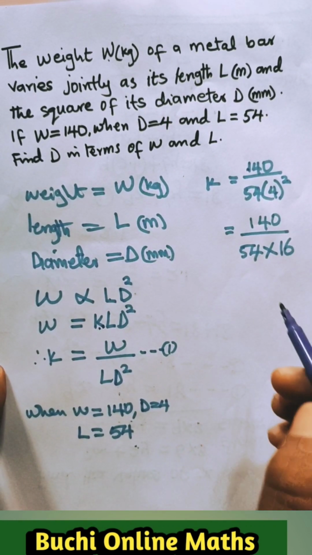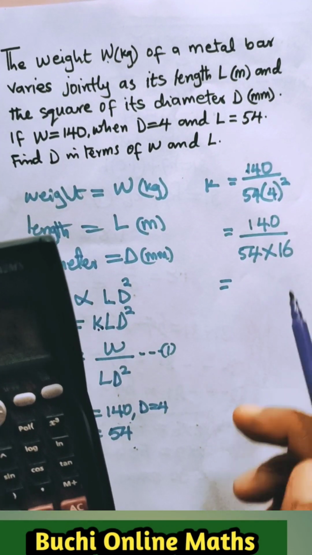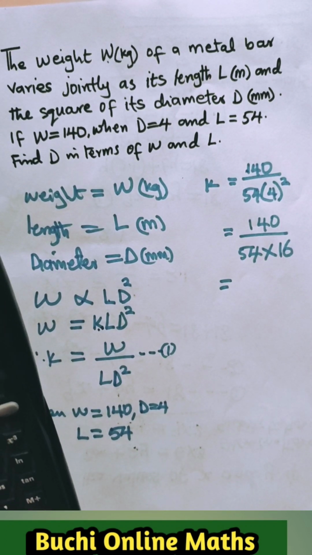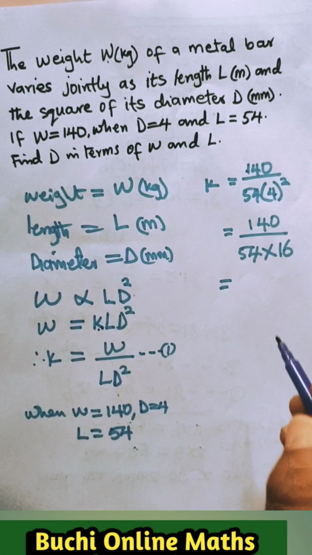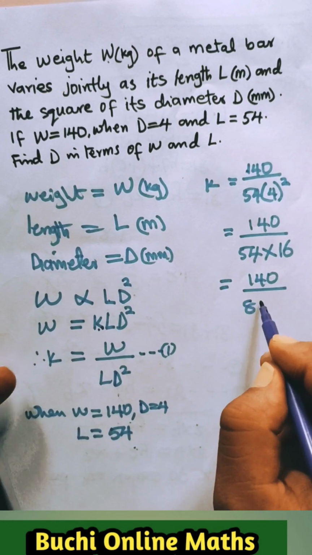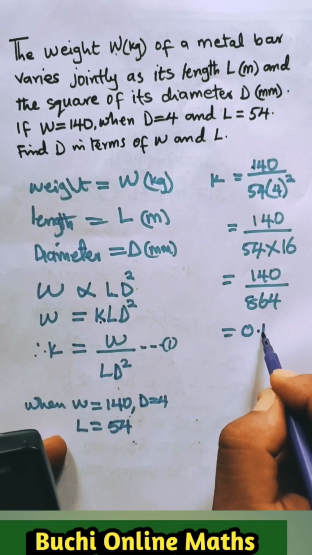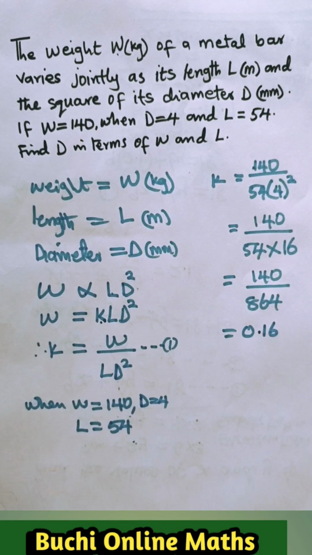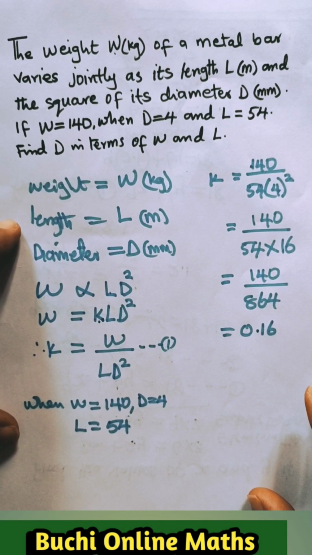Now let's get the value of k. First of all, let's multiply 54 by 16. 54 multiplied by 16 will give us 864. So we have 140 divided by 864, and this will give us 0.16 to 2 decimal places. So the value of k is 0.16 to 2 decimal places.